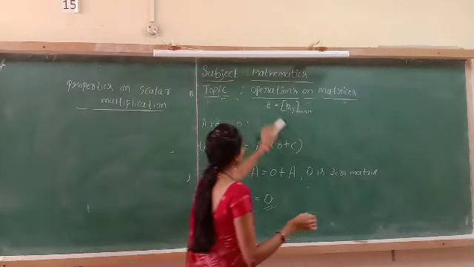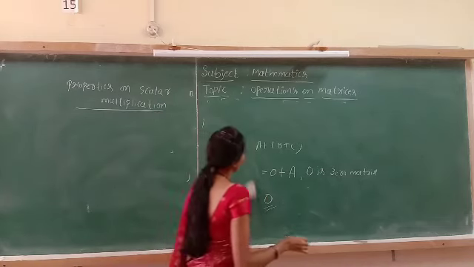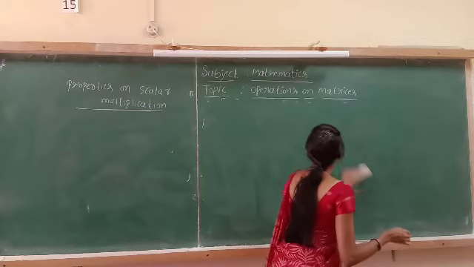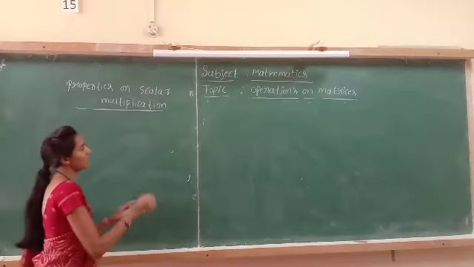So scalars are constant terms. In this case we have to define the two major properties on scalar multiplication.